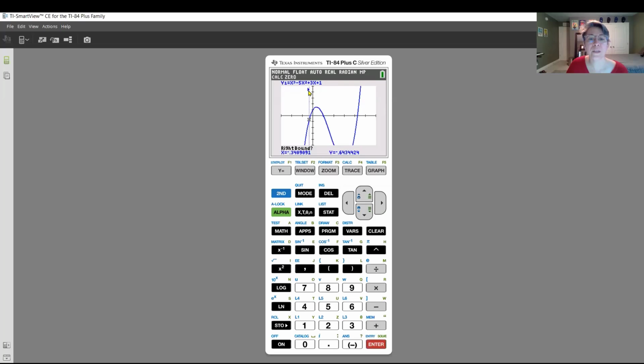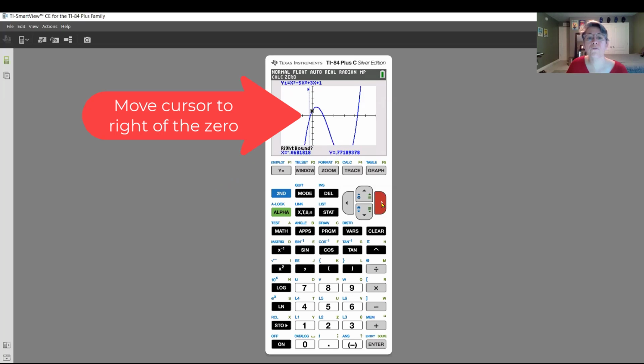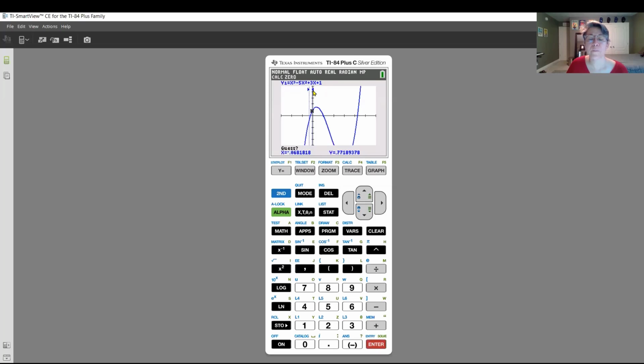And notice it gives me a little marker here. So we know that it's to the right of that. And now I'm going to give the right bound. So I'm going to go to the other side of my 0 and hit enter. And notice it gives me a marker there. It's asking, do you want to guess or estimate the x-intercept between those 2 markers? And then I'm going to hit enter again to say yes.